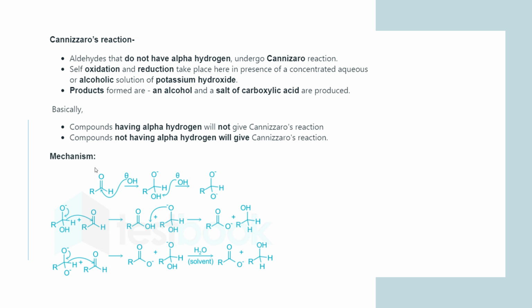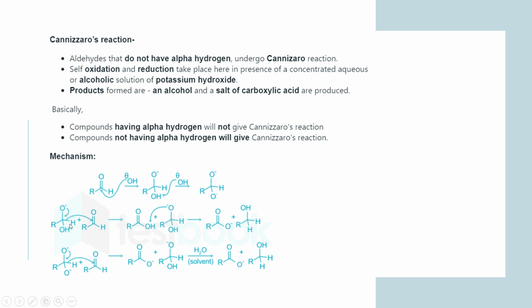Okay, so hydroxide from sodium hydroxide will undergo nucleophilic attack at this carbon center, and in turn you get this oxyanion, and another equivalent of hydroxide will take up a proton from this hydroxyl group to give you this kind of dianion.